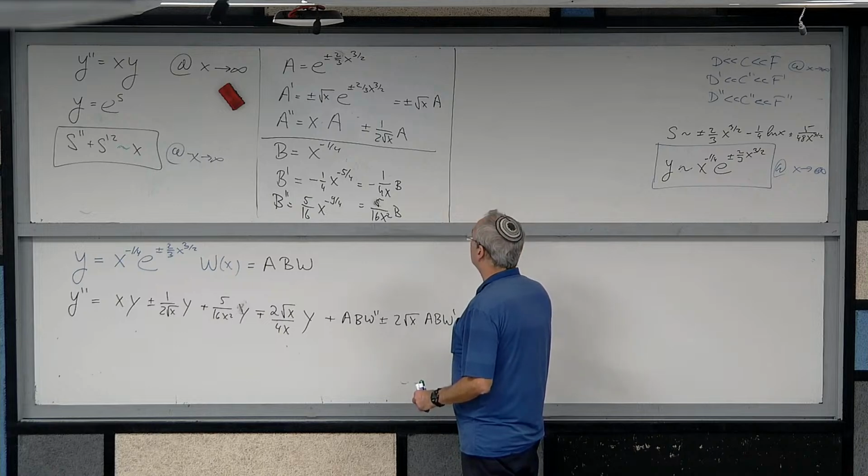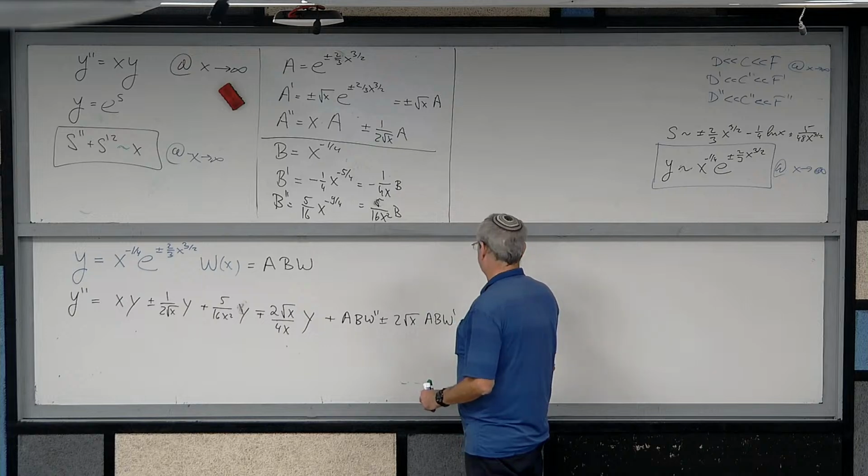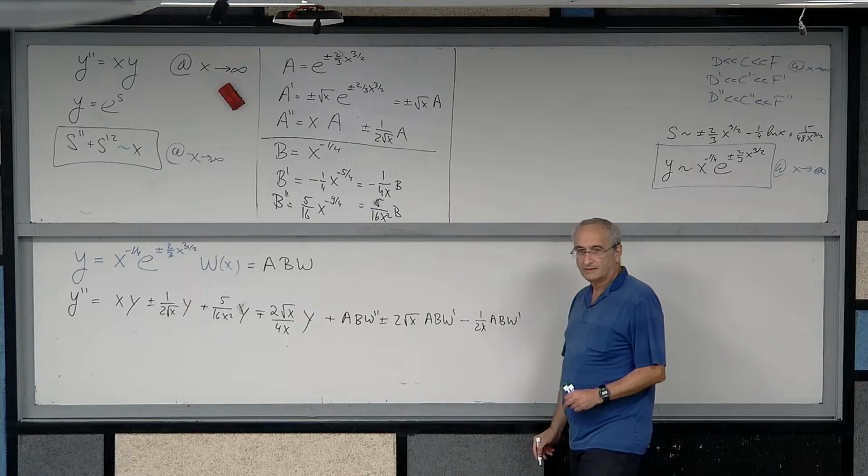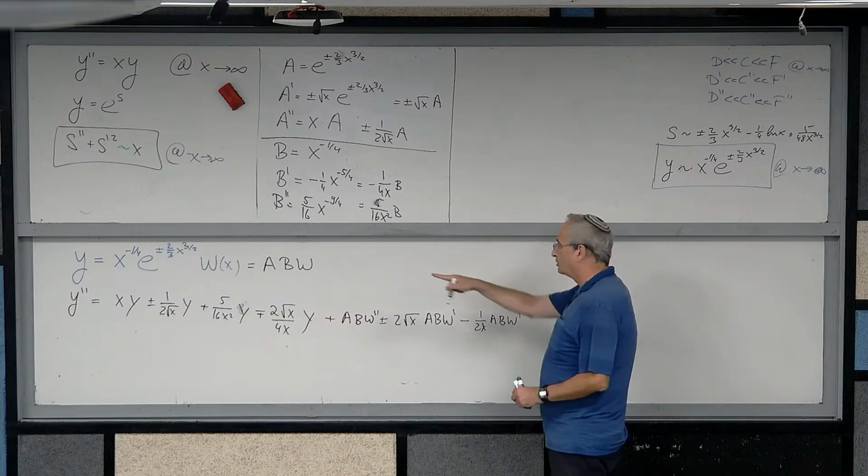So I have minus 1 over 2x A, B, w prime.